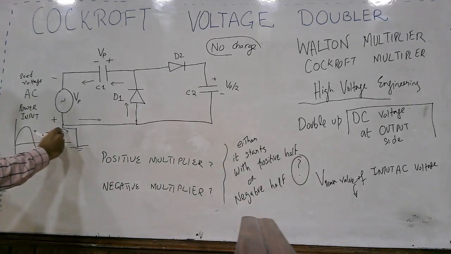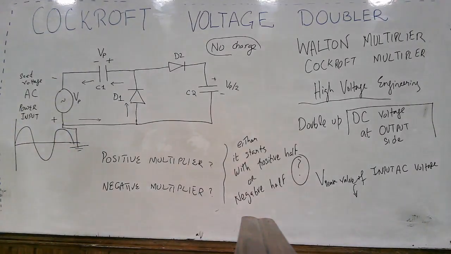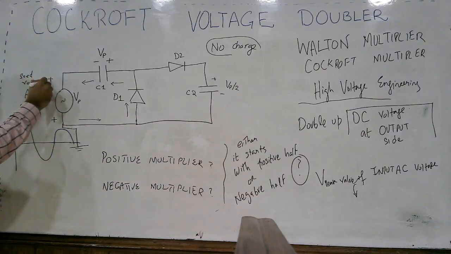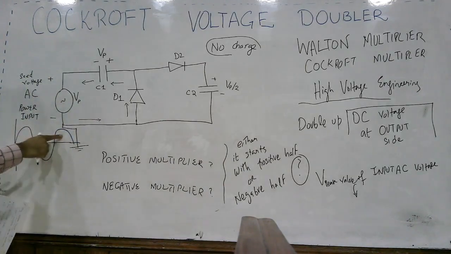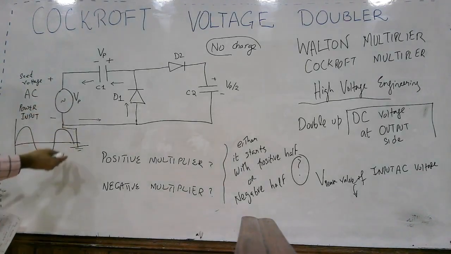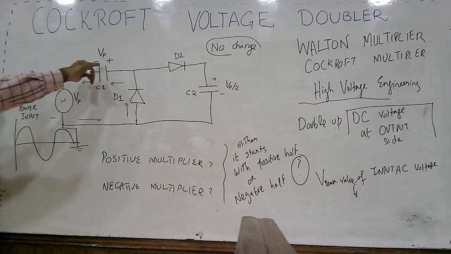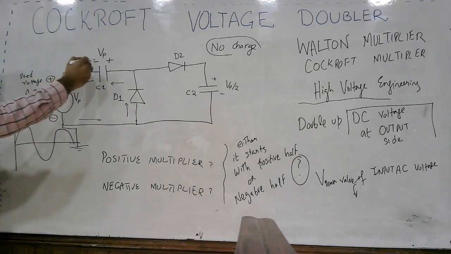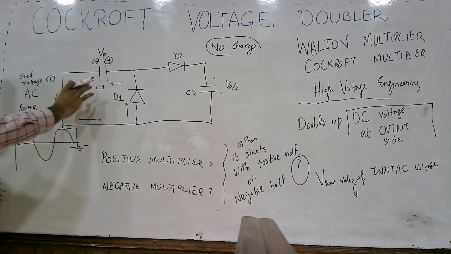Now when the next positive half comes in, the potential here is positive and here it is negative. So the peak voltage here will be added up with the voltage stored here, because you can see we have positive and negative signs and again a negative and positive. So these two voltages will add up.